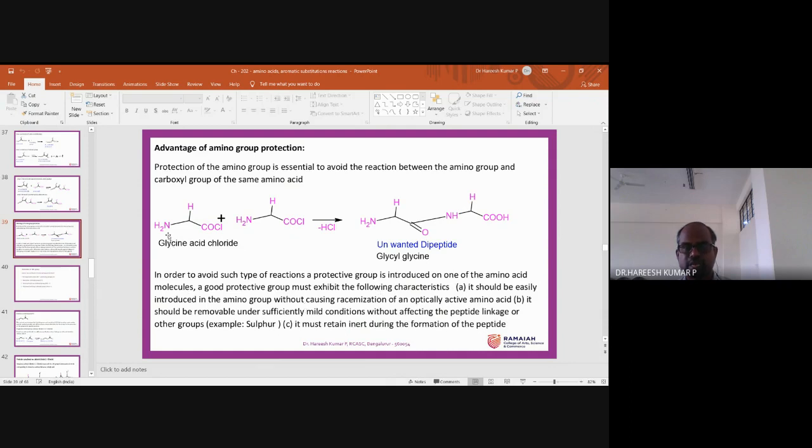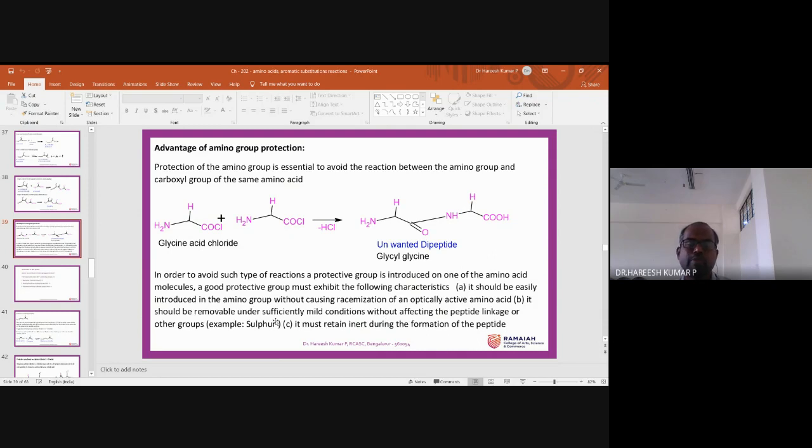That means before going for activation, the N should be protected. Afterwards, a good protecting group must exhibit the following characteristics. It should be easily introduced to the amino group without causing racemization of an optically active amino acid.